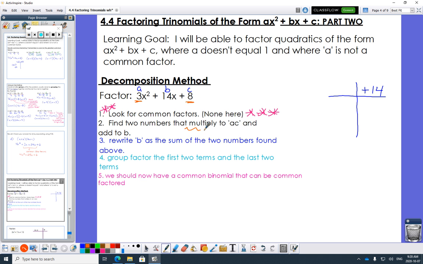Then you have to do multiply to AC. Technically, that's what we did before, except A was always 1. So if you wrote it as multiply to AC, you'd be multiplying by 1, which doesn't change the number. So A times C is 24 positive.